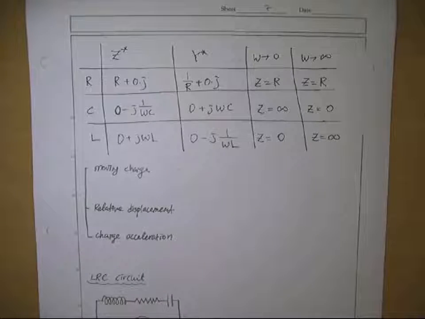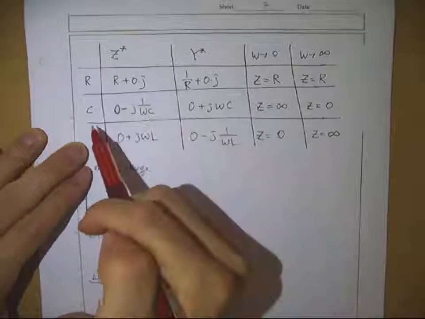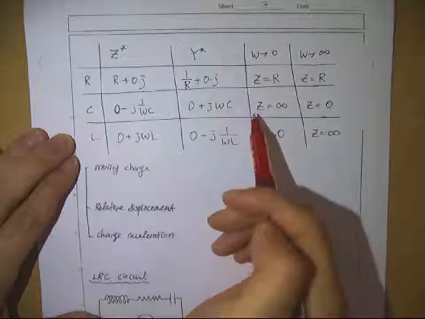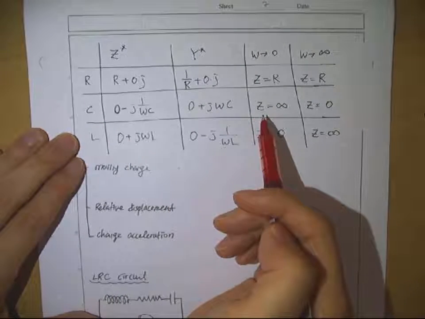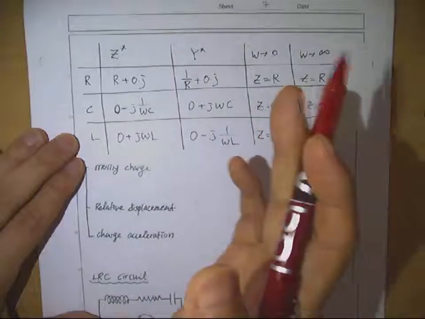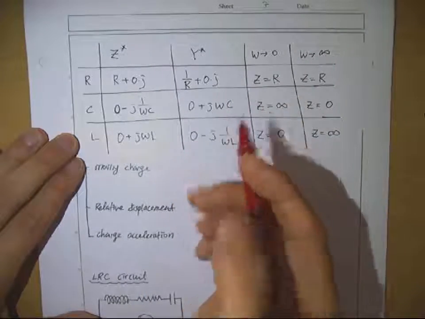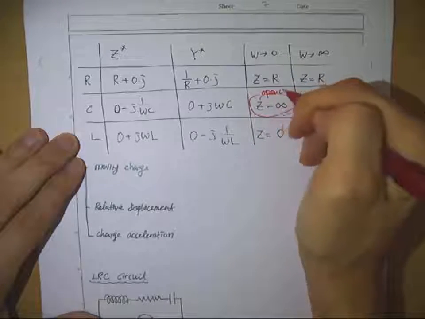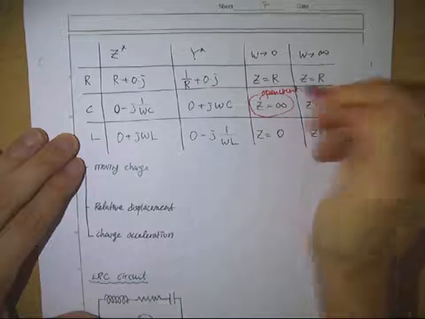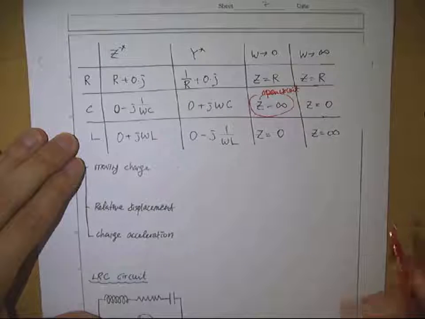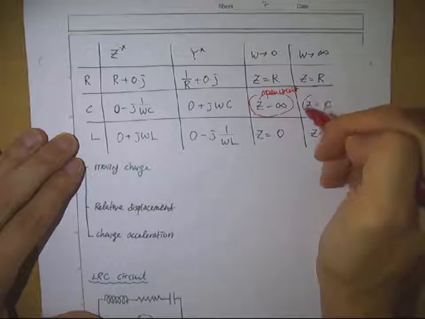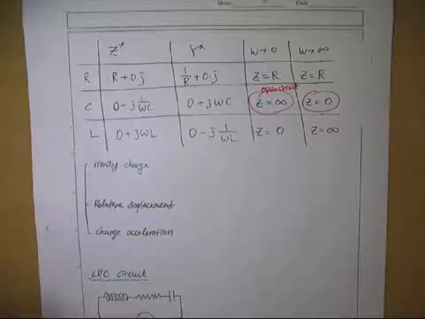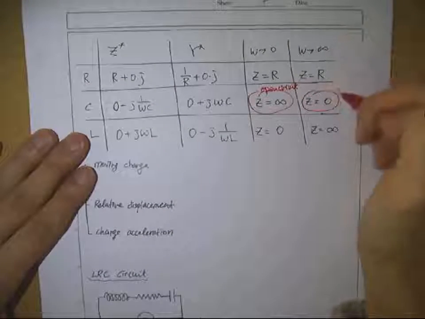So when you have the capacitor in the circuit and the frequency goes to 0, the impedance goes to infinity, so that this becomes like an open circuit, right? And if the frequency goes to infinity, as the frequency increases, the circuit will feel like a short circuit.